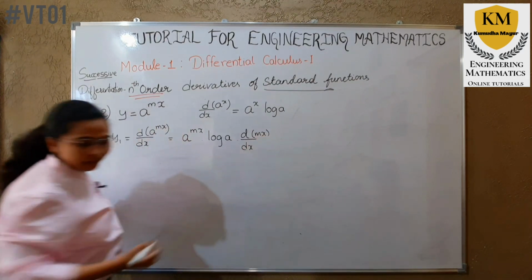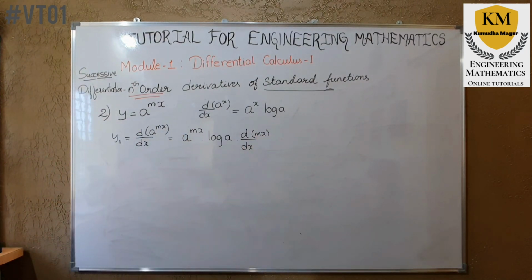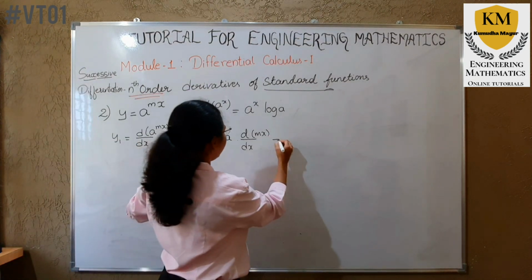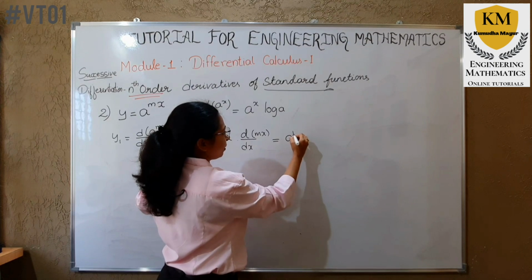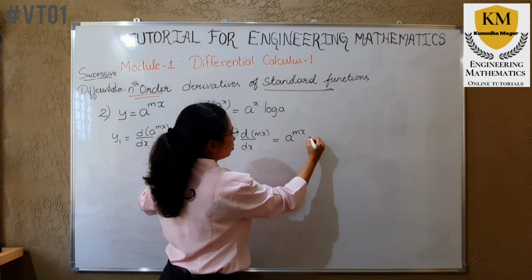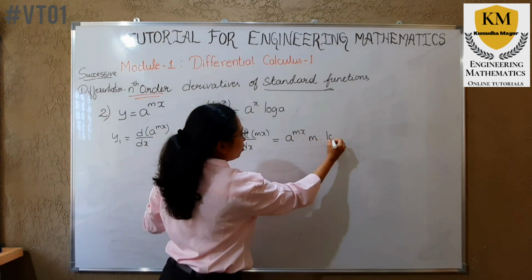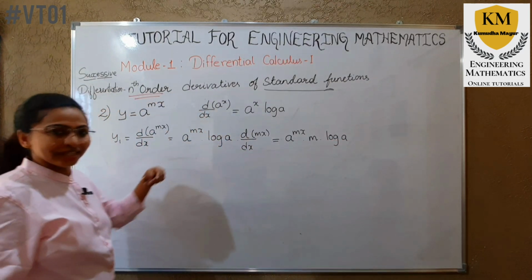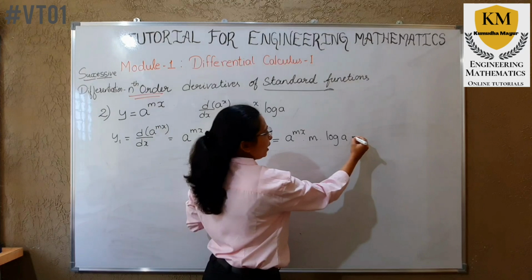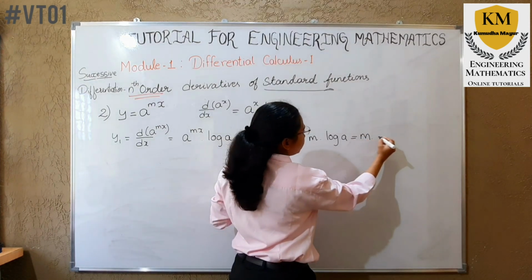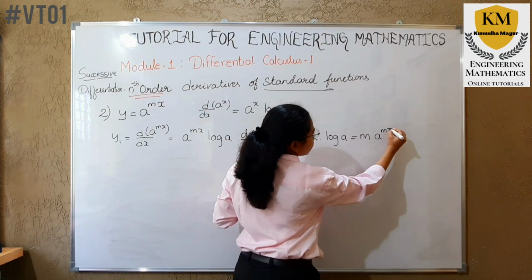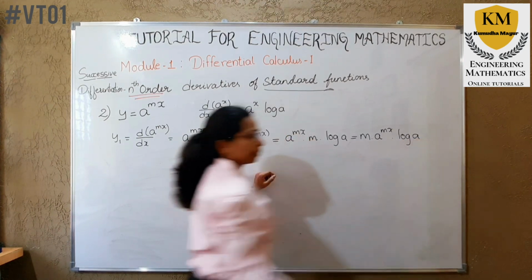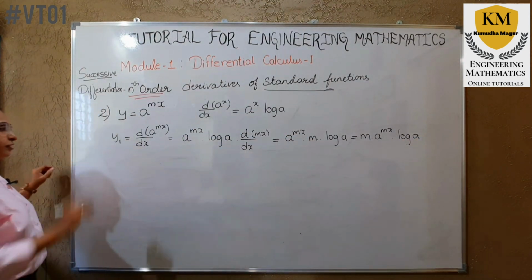Since we are differentiating the function with respect to x, you will get a to the power mx into m into log a. Let me write it by reordering: m into a to the power mx into log a. Fine. So this is for the first derivative.